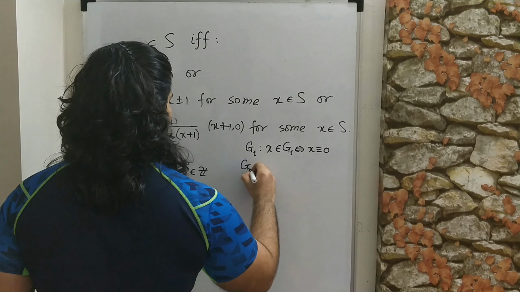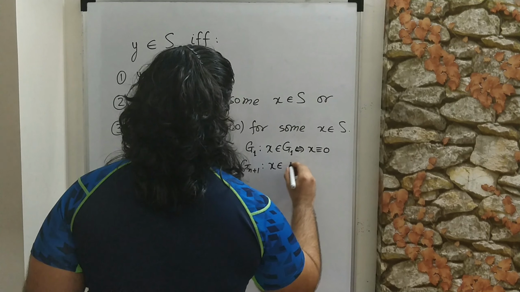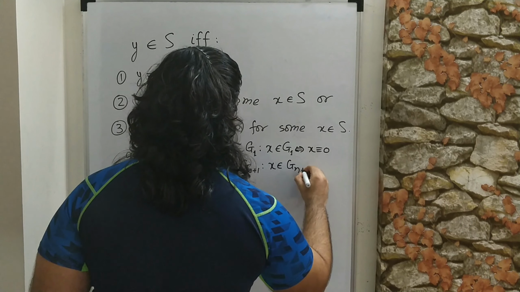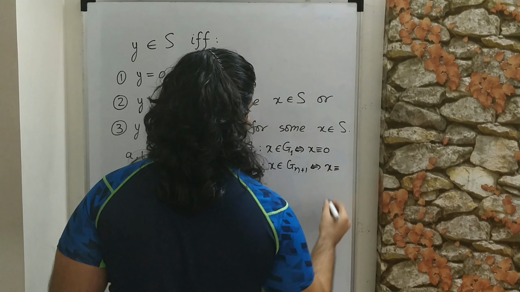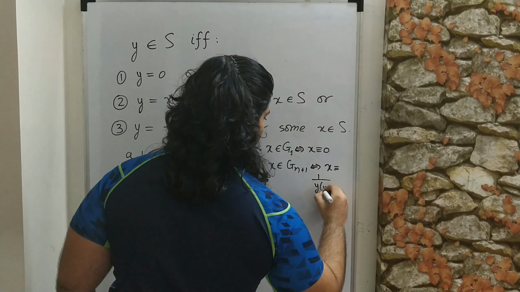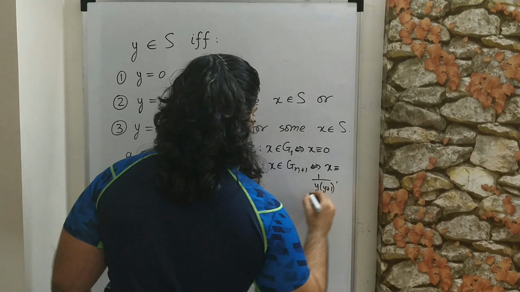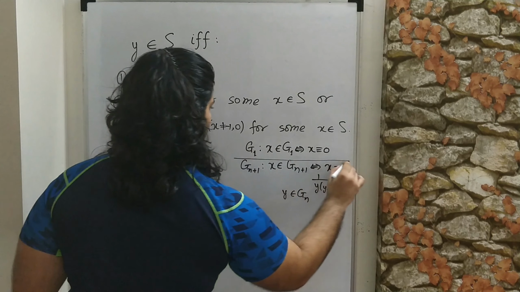And generation N plus 1 is defined in terms of generation N as: X is in generation N plus 1 if and only if X is congruent to 1 over y plus 1, where y is in generation N.